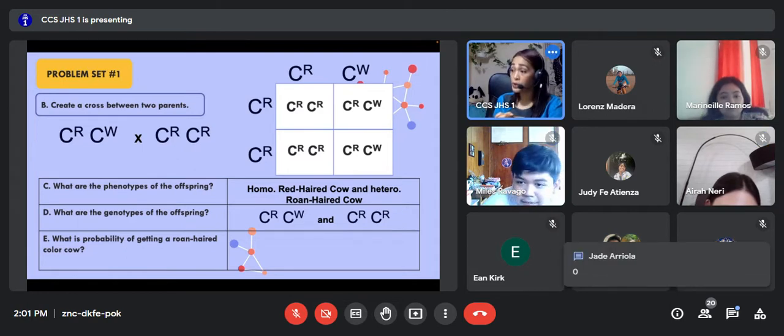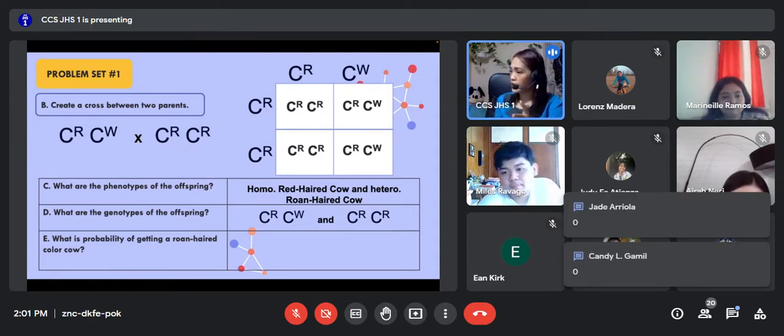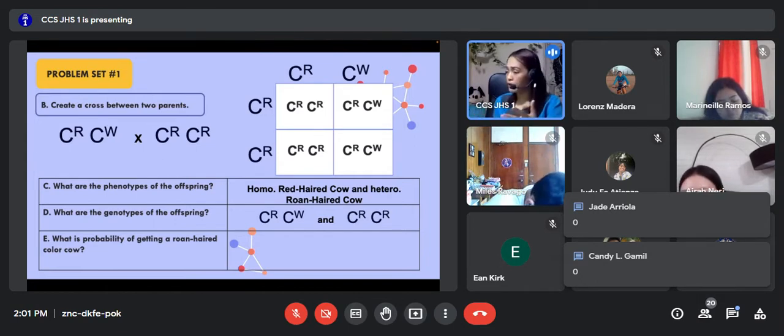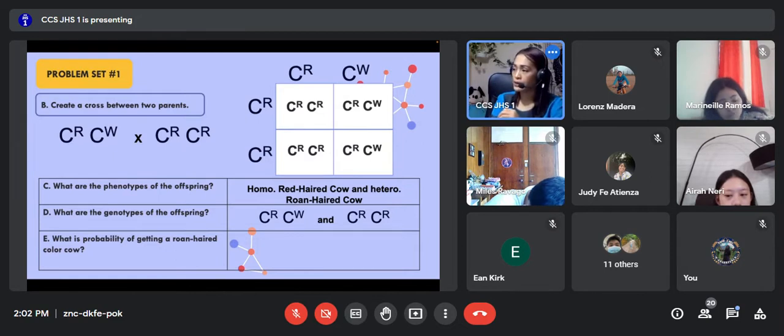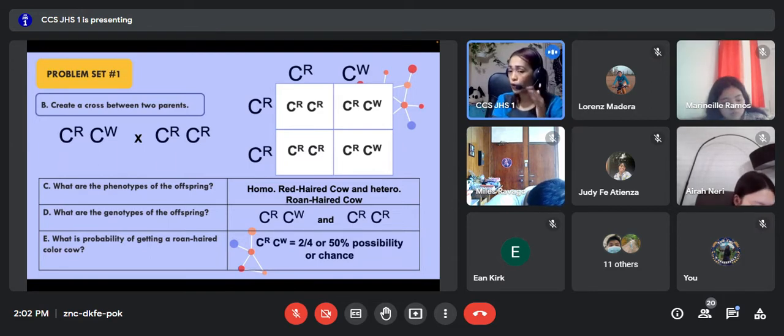Zero. Or you can also say it's an impossible event, meaning it's not possible for this set of parents. In this case, I'm only asking for roan, so that's 2 out of 4, or a 50% chance that the offspring of this set of parents will be a roan-haired cow.